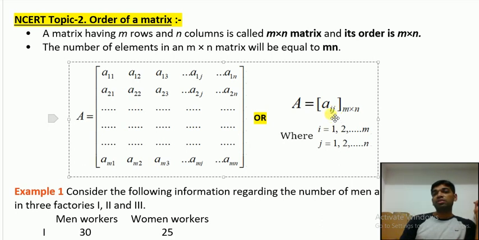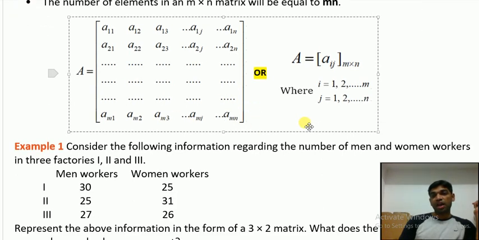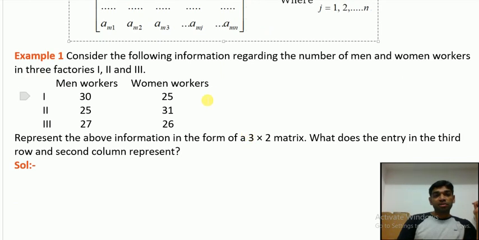It means if we write a34, that element comes from the 3rd row and 4th column. This position a23 is from the 2nd row and 3rd column. Here you can find a12, which is the 1st row and 2nd column. So based on the row and column, we can write all the positions, and from there I have written this matrix, where i can be 1, 2, 3, 4 up to m, the number of rows, and j is 1, 2, 3, 4 up to n, the number of columns. Okay, let's start with the examples.